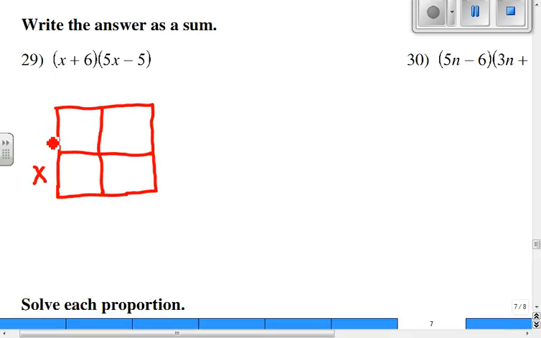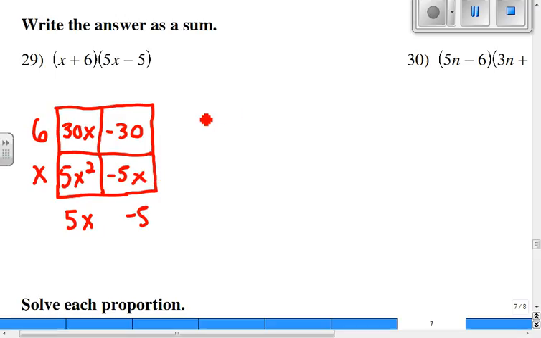So I have x plus 6 times 5x minus 5. So 5x times x is 5x squared. 5x times 6 is 30x. Negative 5 times 6 is negative 30. And negative 5 times x is negative 5x.